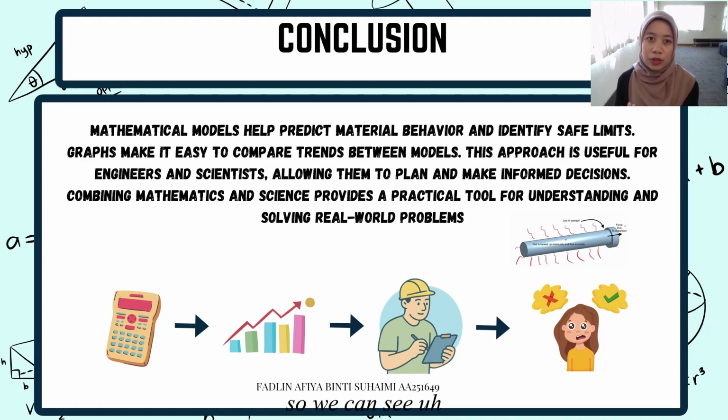So we can see the combination of mathematics and science is very helpful, especially for engineers, scientists, and those who work in related fields, which means they can predict, plan for safety precautions, plan the material structures, and also optimize the design.